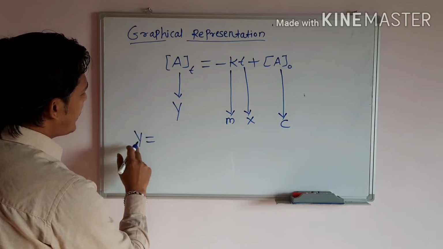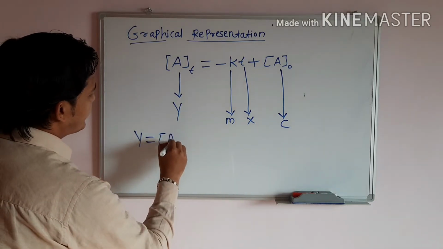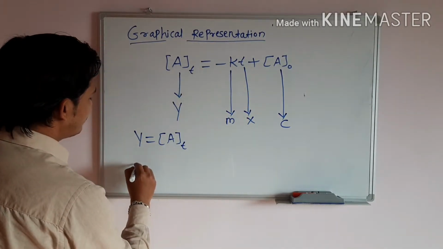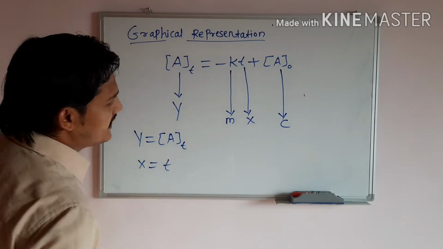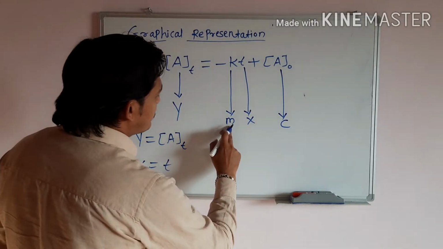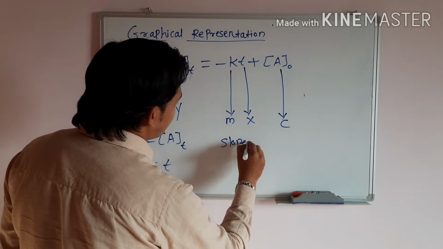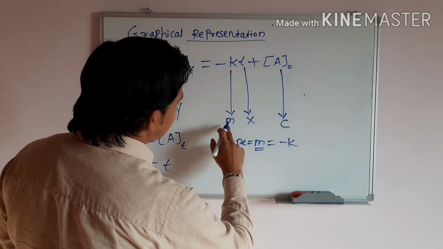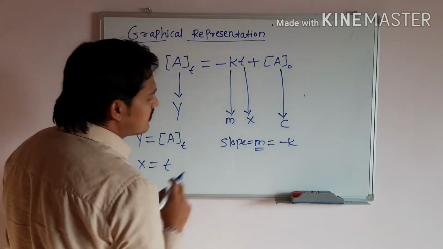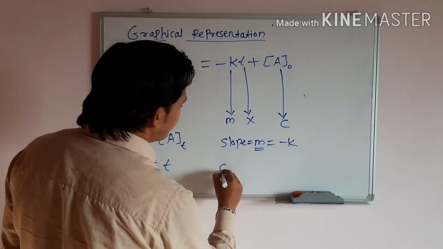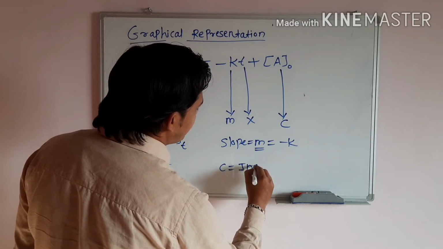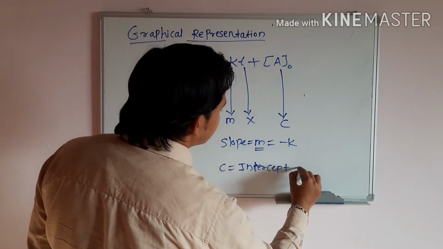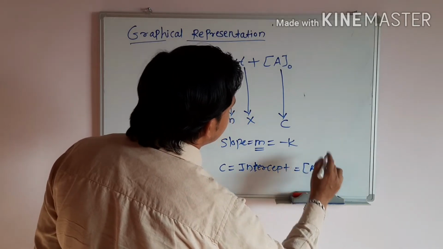So y means in the y-axis we have to plot At. In the x-axis we have to plot t. Then the slope, that is m, is equal to minus K. And c indicates the intercept, that is equal to A0.